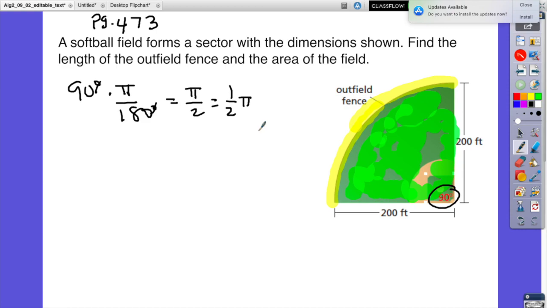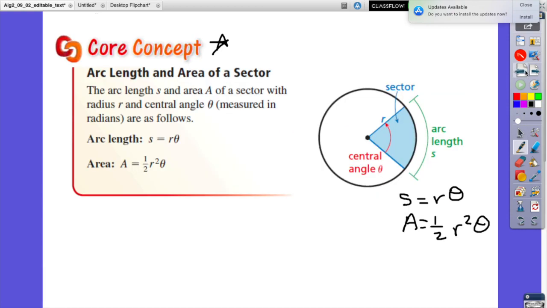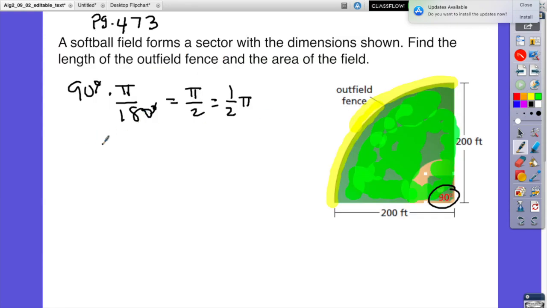All right, so once we have that, now we can use our formulas. Okay, so we're going to make sure to go back and look at your formulas. Let's first find the arc length, which is kind of like the pizza crust. And in our problem, it is the fence on the outside. So that's going to be S is going to equal the radius times theta. So S is going to equal, what's my radius? Well, it's this length right here, which is 200, times theta, which is going to be pi over 2, because we converted it up here.